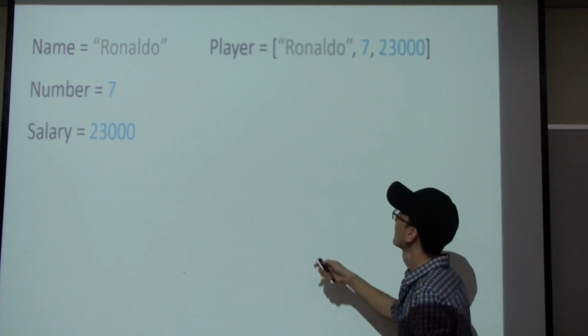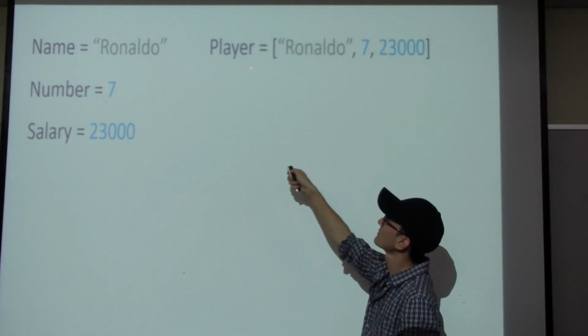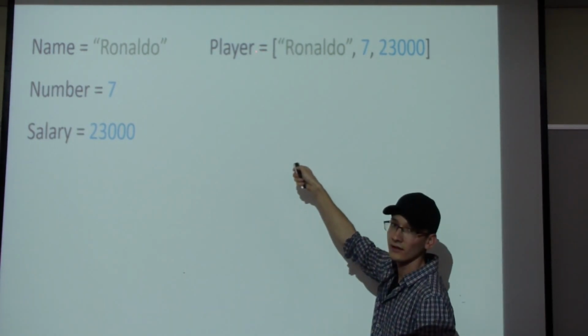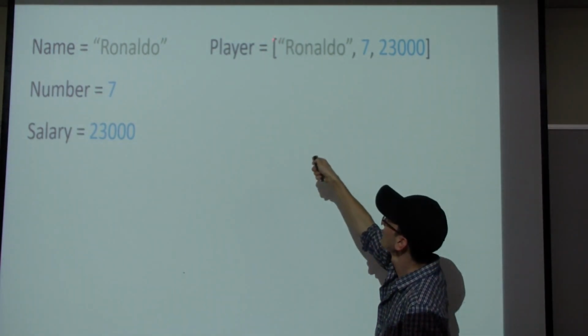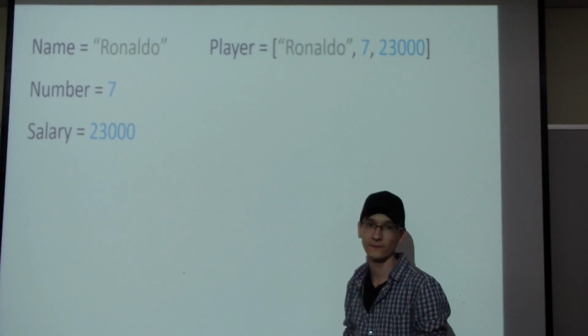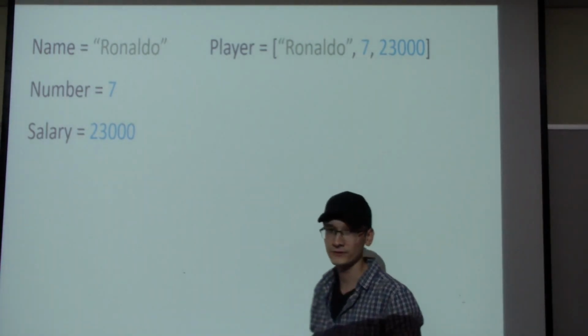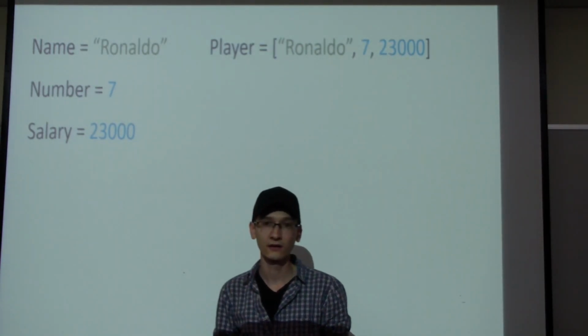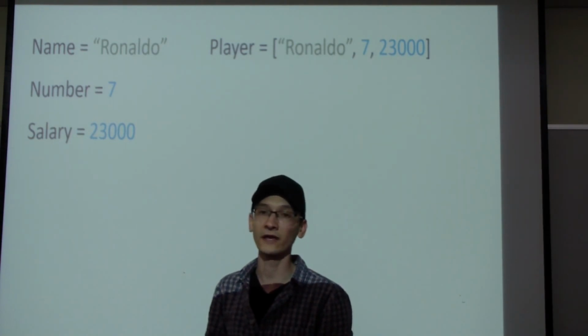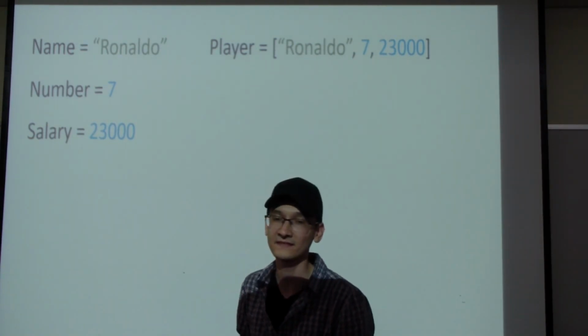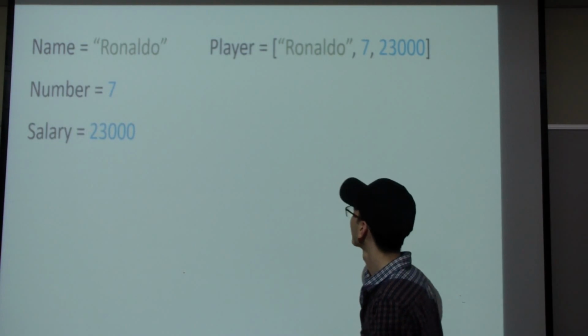After you create it, you put equal, and you put what? Square brackets. If you put square brackets, it means we created a list.